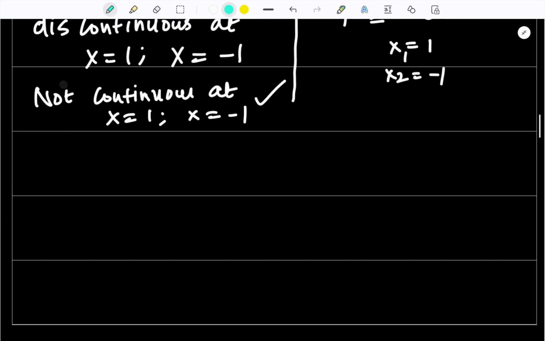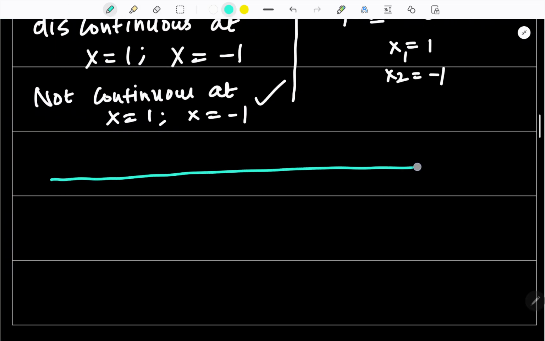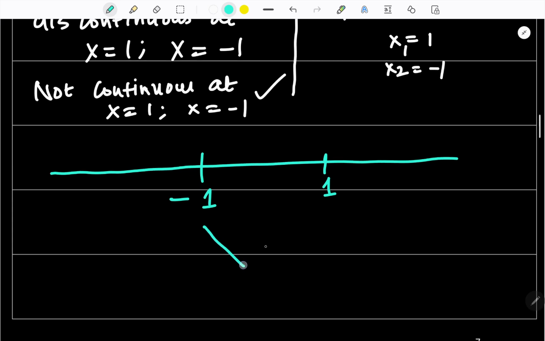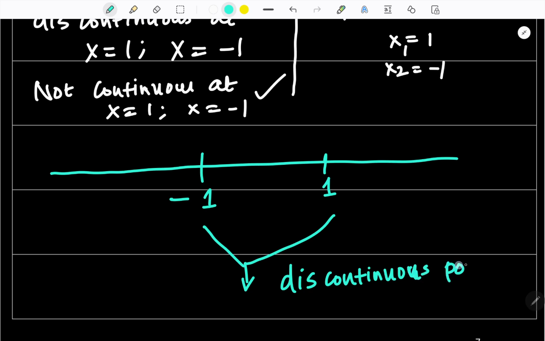Understand everybody? Right? Suppose I take a line, okay? So here is the point 1 and here is the point minus 1. These 2 points are discontinuous points. Again, I'm telling you, these 2 points are discontinuous points. Why? We made the denominator equal to 0.